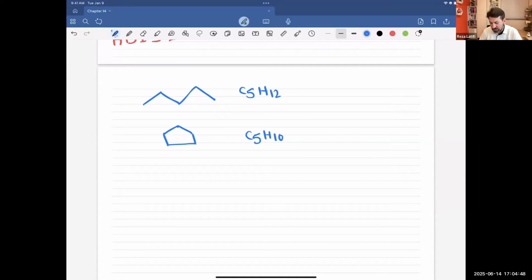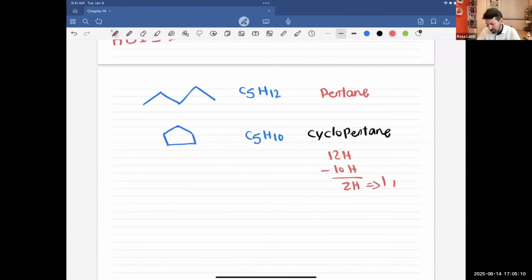So I'm missing 2 hydrogen technically. The top one is pentane. I go 12 hydrogen minus 10 hydrogen, 2 are missing, and that's going to be equal to 1 mole of H2. So what's going to be the hydrogen deficiency index? It is going to be equal to 1.